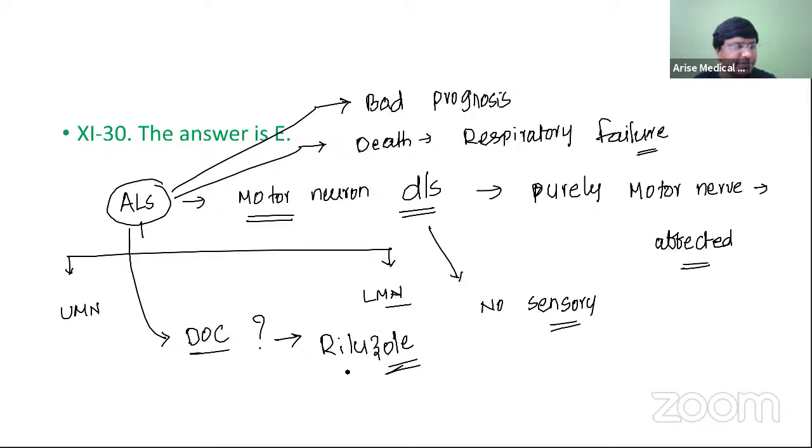Now, apart from Riluzole, we have a new drug. What is this new drug for amyotrophic lateral sclerosis? Who has taught neurology?